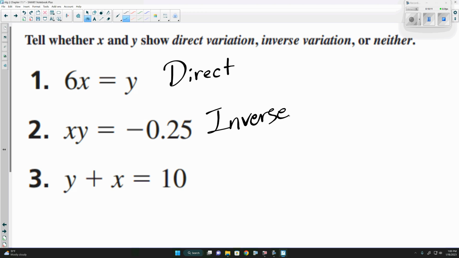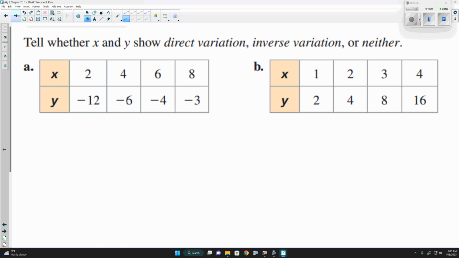And number 3? Neither, because we have an addition, and it does equal something other than 0. Questions on these here? All right. I think we feel comfortable with those, and we'll move on to the next part of the lesson.